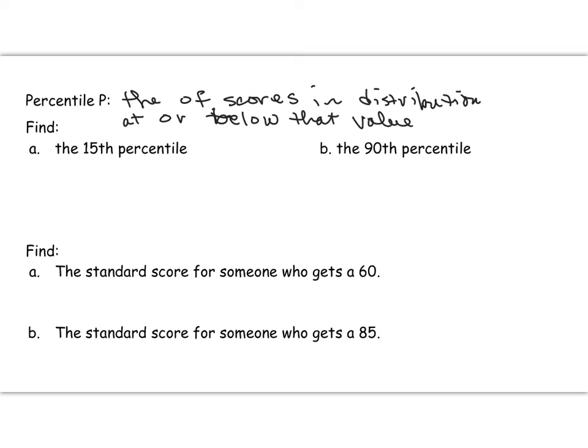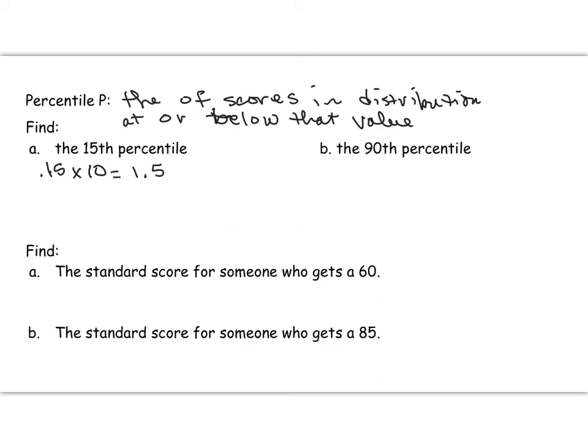So the 15th percentile, for that I need to know how many data points I have. And I'm going to go back to the example with the test scores where we had 10 pieces of data. If I wanted to find the 15th percentile, I would take 15%, or in decimal, 0.15 times my 10 data points, which would give me a value of 1.5.